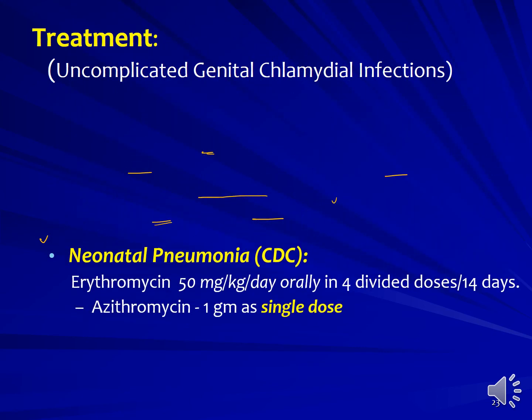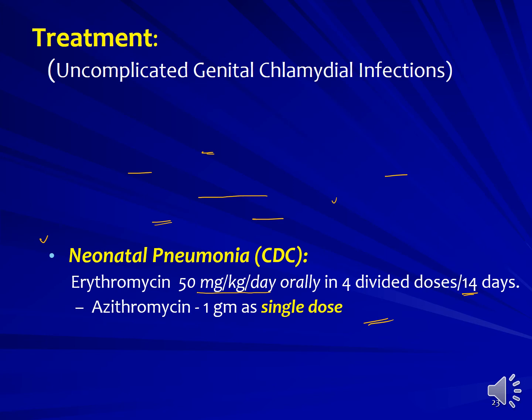And in case of neonatal pneumonia, according to the CDC, we have to give erythromycin 50 milligrams per kg body weight orally in 4 divided doses for 14 days. And azithromycin 1 gram as a single dose if the individuals are more than 45 kgs.